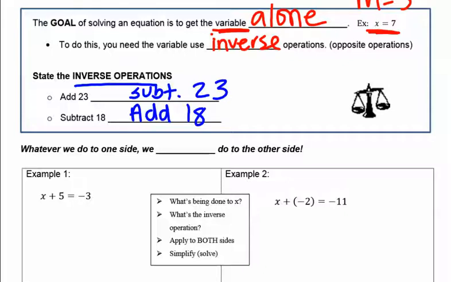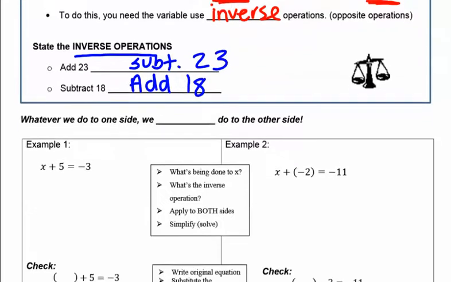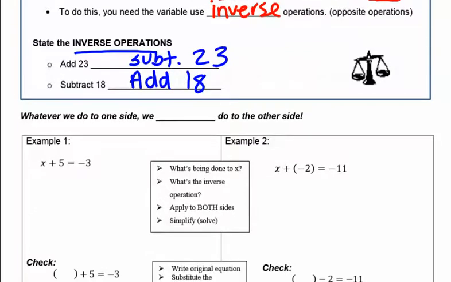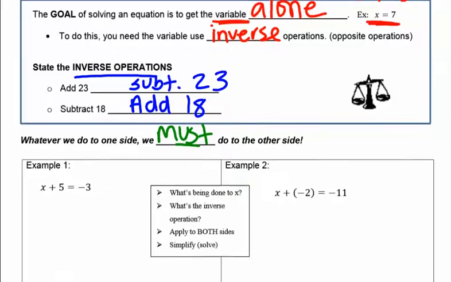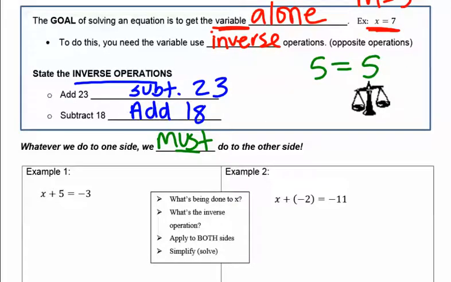Again, remember, equations are like scales. Anything we do to one side, we must do to the other. We have to keep the equations balanced. Just like if I have 5 equals 5, if I add 2 over here, 7 does not equal 5.